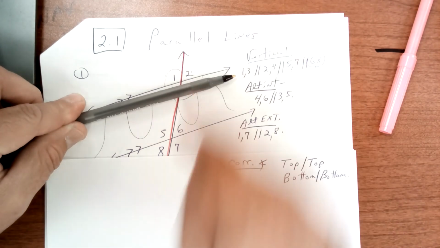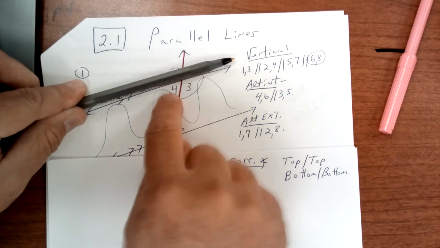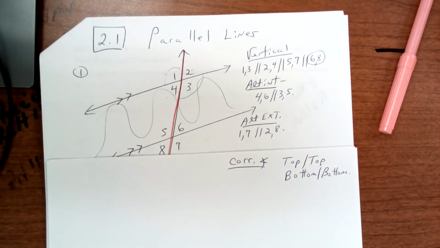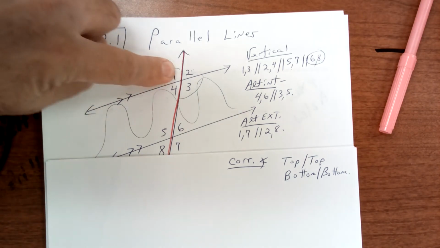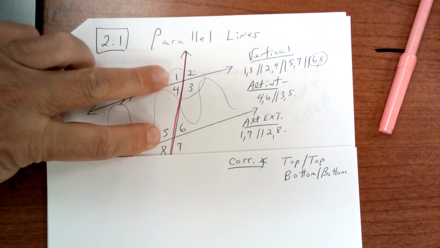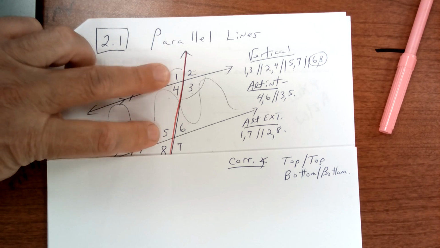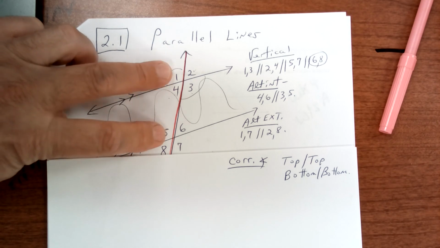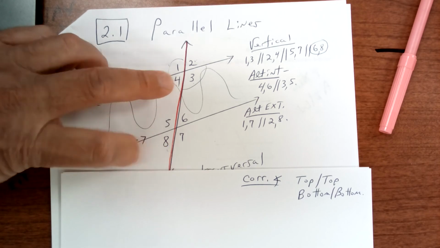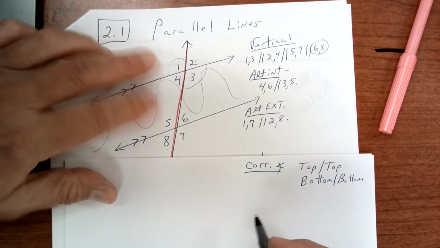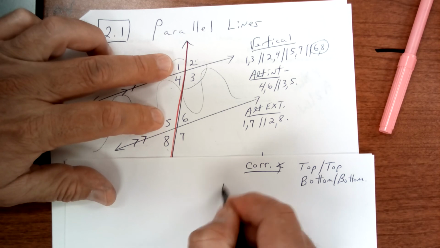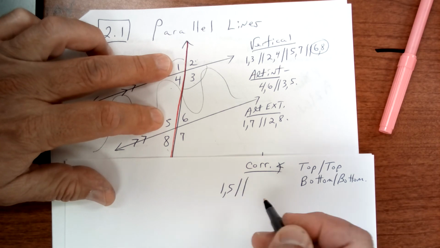And on the bottom would be those right there. Okay, so top, top, bottom, bottom. So 1 is on the top, and so is 5. So those are corresponding, top, top. These are on the bottom, 4 and 8. So top, top would be 1 and 5. Bottom, bottom would be 4 and 8.